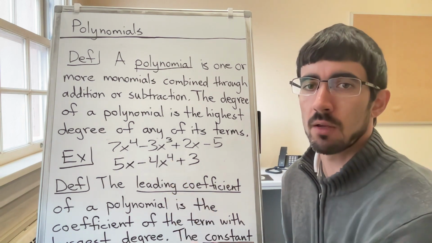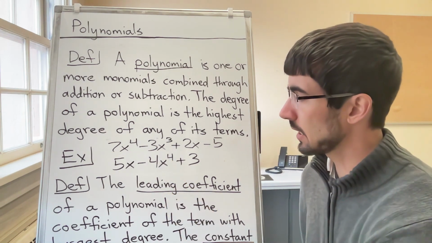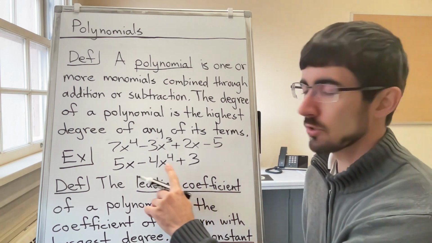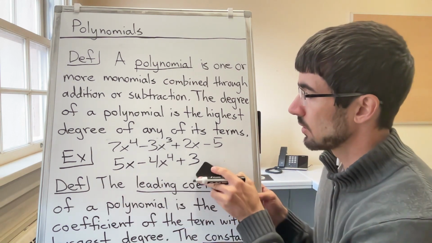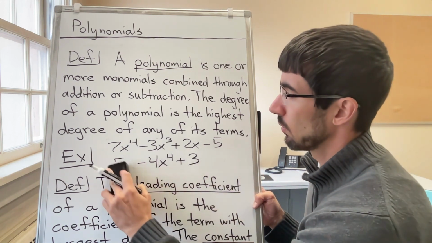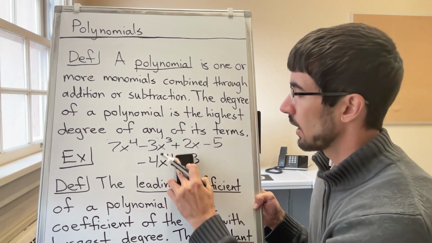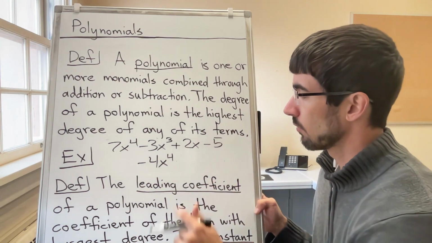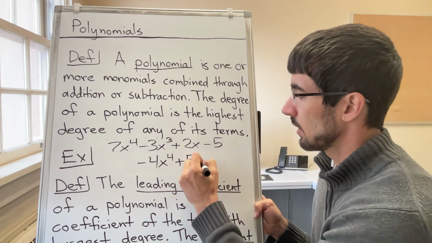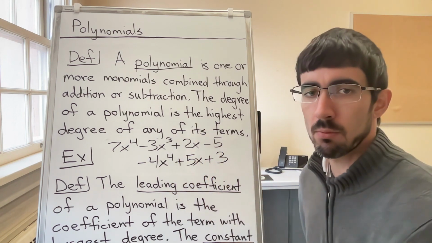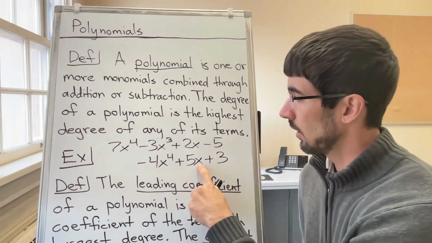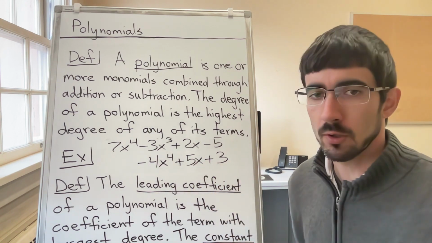Now we typically write polynomials in descending order. So the traditional way to write this one would be to rearrange the terms here. We would write negative 4x to the 4th first, and we would say plus 5x plus 3. We write these variables, or these exponents, in descending order.